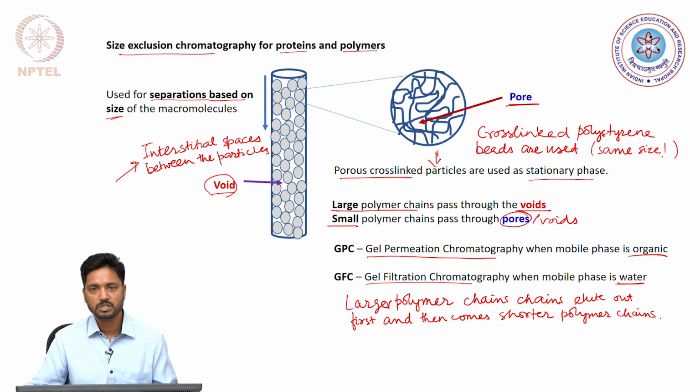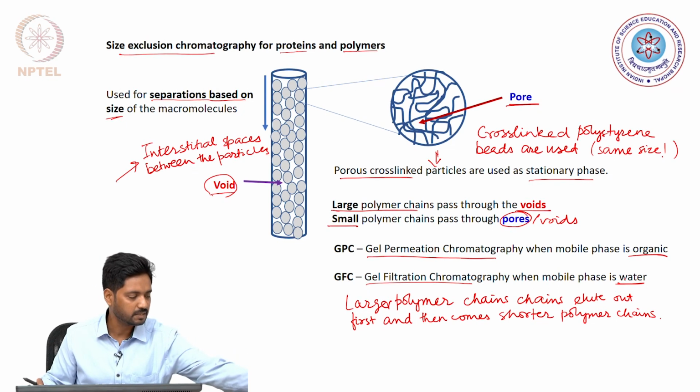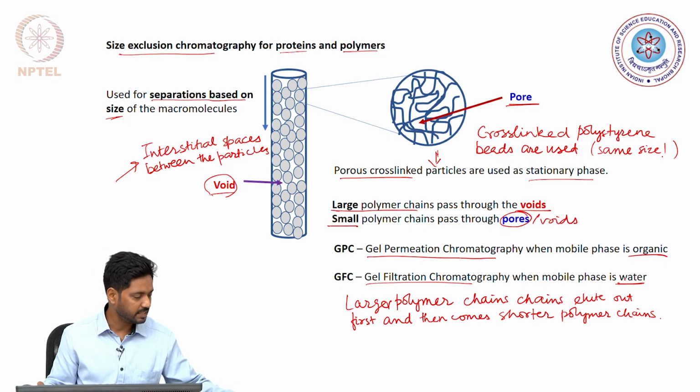Now, let us look at how the particle travels and what separation can be achieved while using gel filtration or gel permeation chromatography. So, let us go to the board and try to understand this concept.